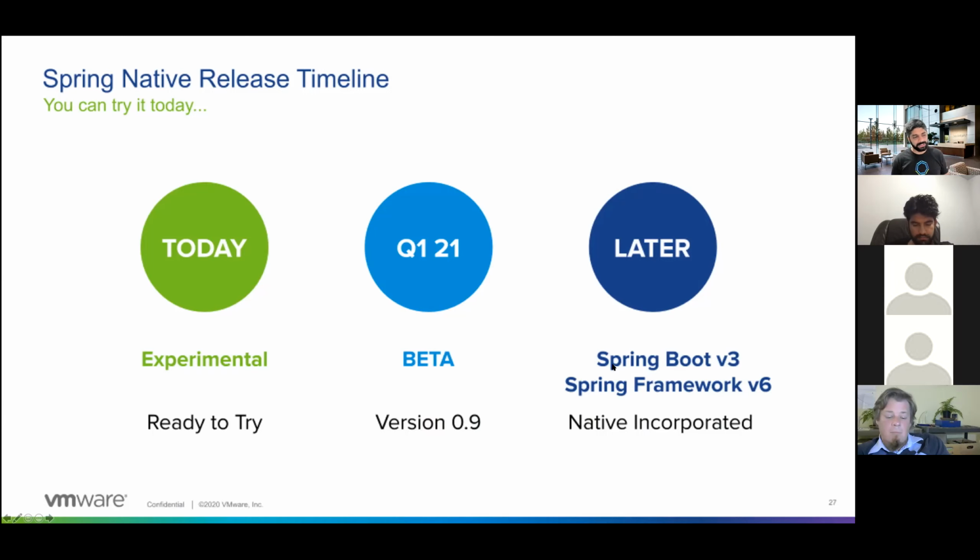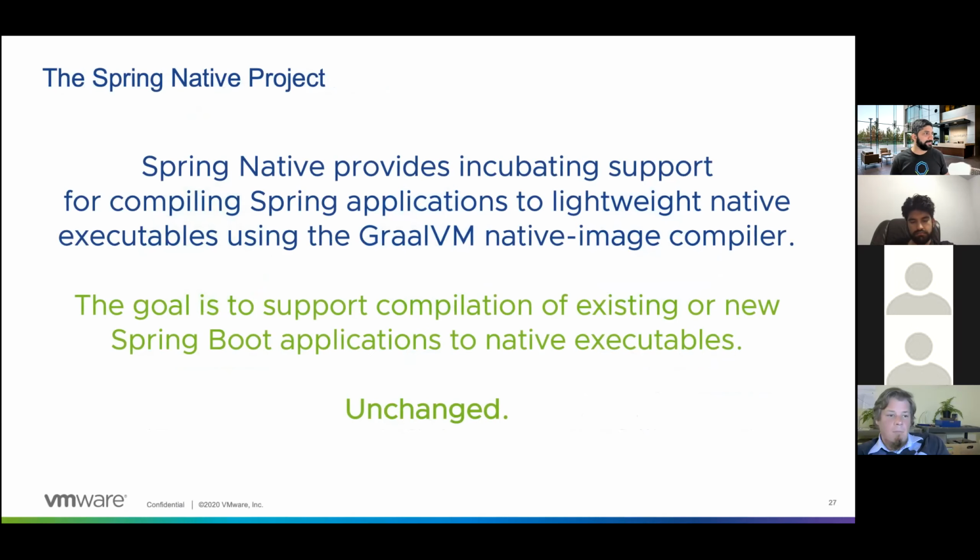Spring Boot version 3 native will be part of that, right? So none of the experimental stuff. It will just be in there. And like I said, the goal that I heard from the team, and again publicly, is to keep your Spring Boot apps unchanged, right?